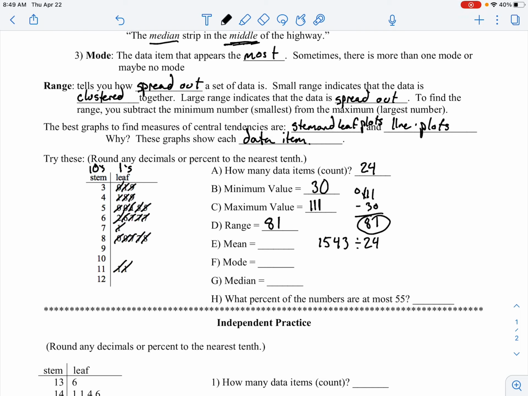So divided by 24, and we get, let me just double check that this is correct. One second, sorry, pulled up the wrong thing. Wrong thing again.